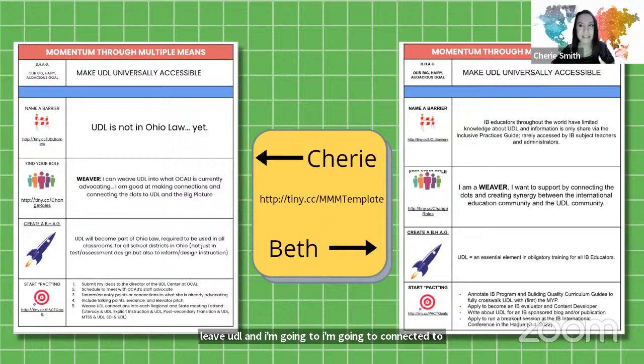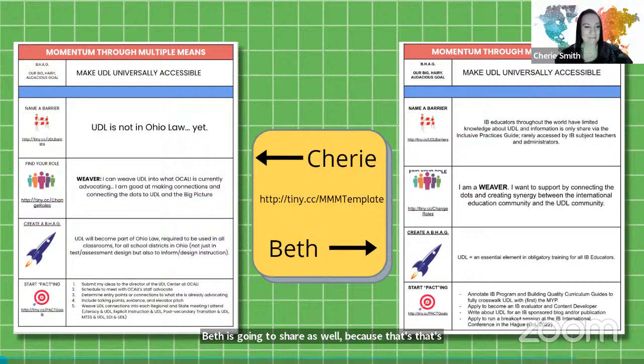I'm going to connect it to our MTSS work, because there are strong connections. And if you do have that foundation, it won't feel like one more thing, which was another barrier. So that's sort of where I'm coming from. And I am embarrassed it took me this long to get there. I'm also a part of the one that Beth is going to share as well, because that's our SID, right? So I'll let her talk about that.